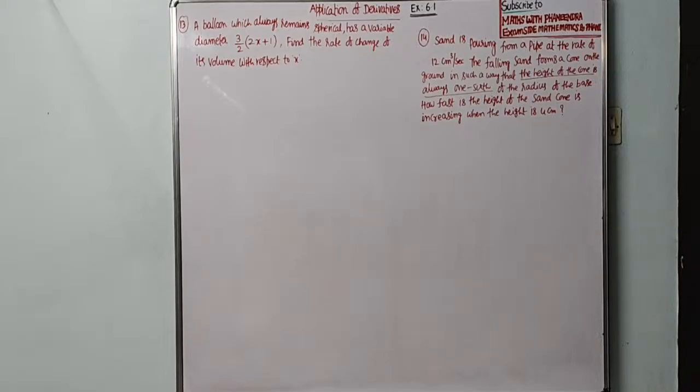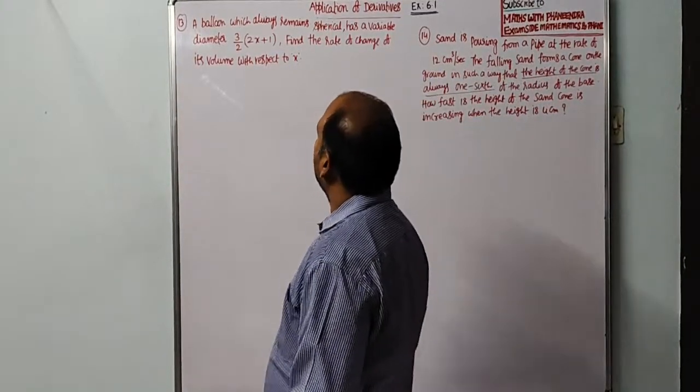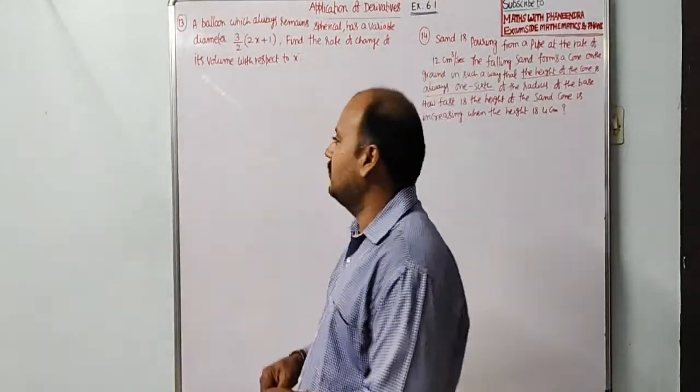We'll discuss question number 13 as well as question number 14, dear students. First, we need to understand the questions. A balloon which always remains spherical has a variable diameter.